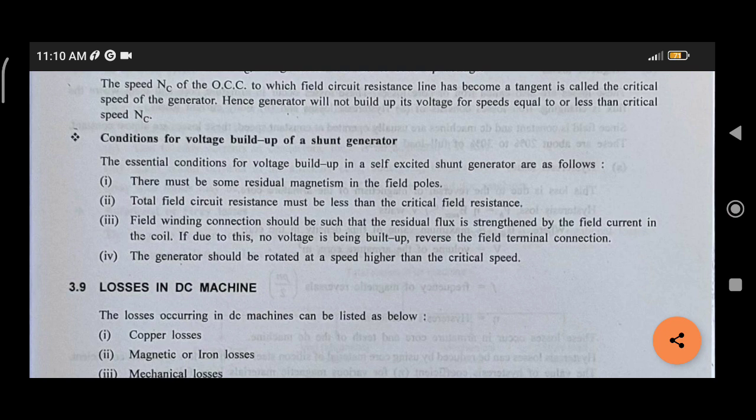Third, the field winding connection should be such that the residual flux is strengthened by the field current in the coil. If no voltage is built up, reverse the field terminal connection. Finally, the generator should be rotated at the critical speed or above, otherwise the voltage build-up process will fail.